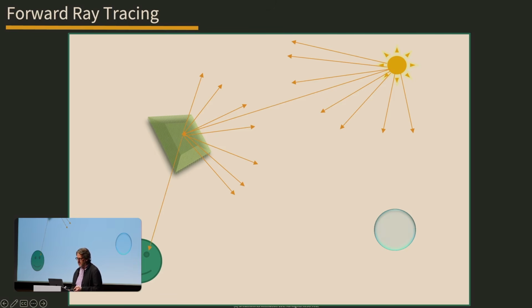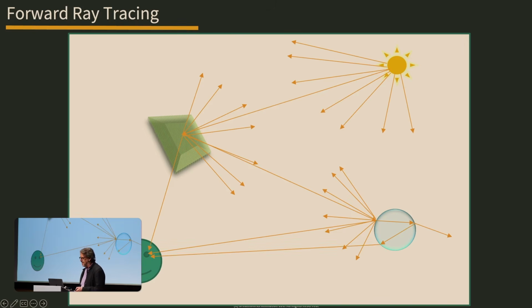But light will also be bounced towards other objects in the environment, and once it reaches that other object, it will also scatter light based on its surface properties. And one of those directions is towards the eye. But perhaps it's also transparent, and so it will refract light through the object, and some will scatter out the back, but some will also be reflected back again through the object and potentially reach the eye.